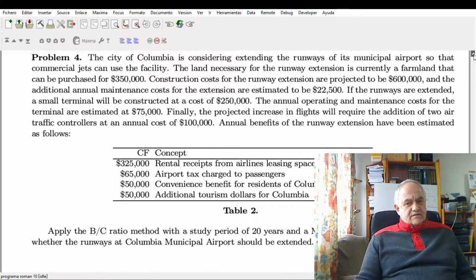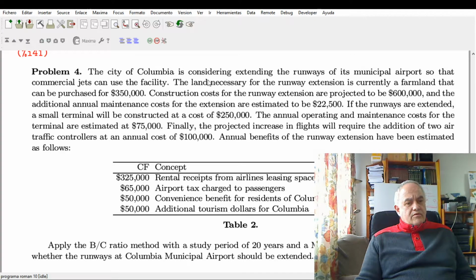If we go through the information we have, we read that the city of Columbia is considering extending the runways of the municipal airport so commercial jets can use the facility. And then there is a long description here of all the costs associated with the process. Some of the costs are annual costs to be considered, some others are just investment, pure capital cost. Then the benefits are described in a table like this.